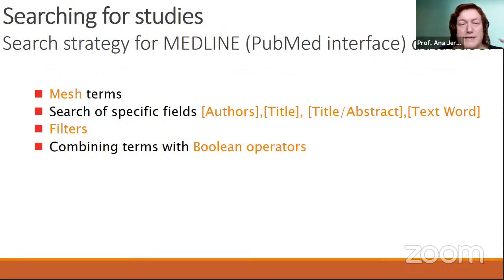Another really good characteristic of this database is we can search for specific fields. So we can focus on just title and abstract, authors, or many different fields, which will help us focus our search. We can also use filters for different ages of patients, different journals, different study types, and so on and so forth. And we can combine them with Boolean operators.